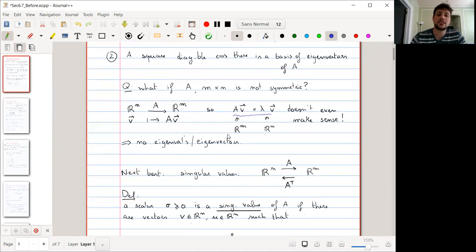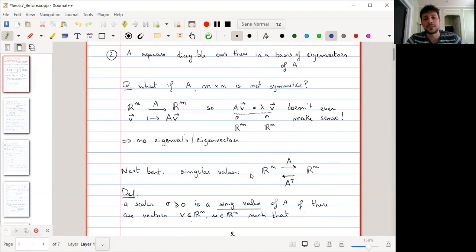So then the next best thing that we can work with are what are called singular values. So the setup is the following. As we said, the matrix A, which is size m by n, takes vectors in Rn and spits out vectors in Rm. When I transpose it, the size of this will be n by m. So you can think of this matrix A transpose as taking vectors in Rm and spitting out vectors in Rn.